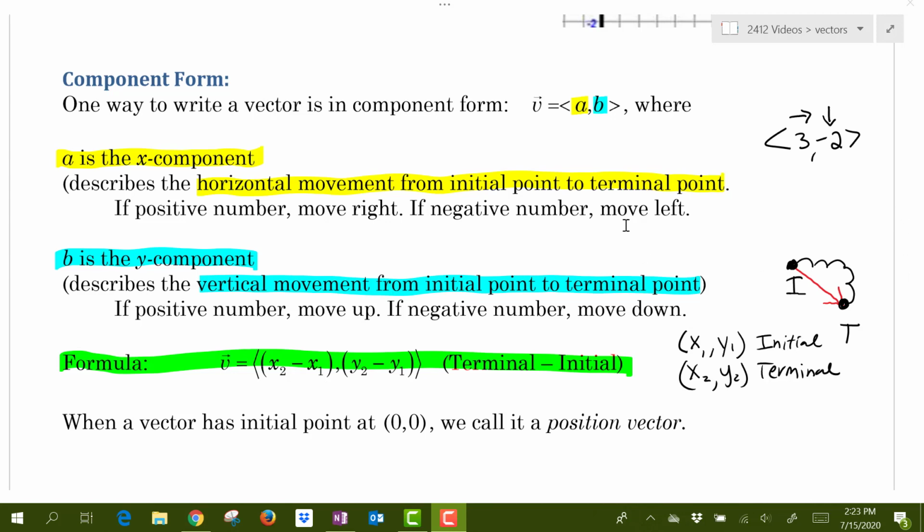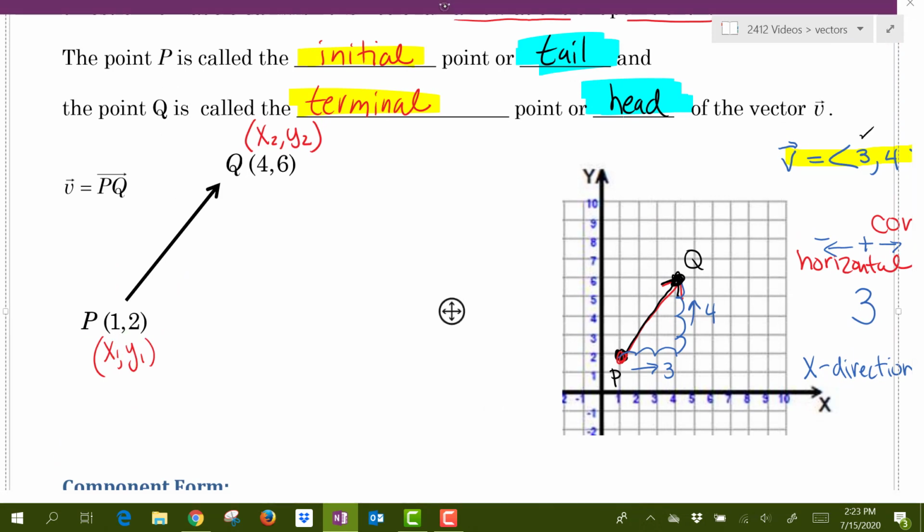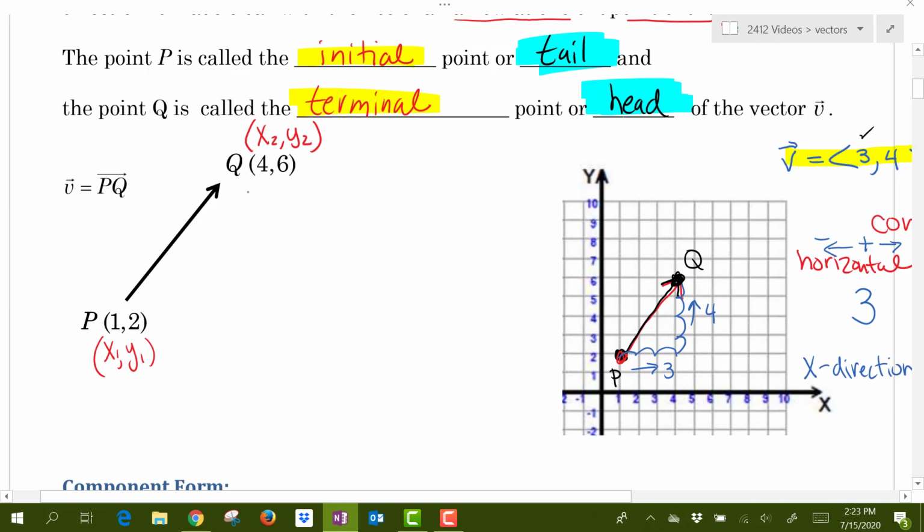So let's go back up to our vector, see how that would look. So our initial point would be x1, y1. Our terminal point, we would call that x2, y2. So we're looking to figure out what's the horizontal distance. So what's that horizontal movement? To find that out, we're going to do x2 minus x1.